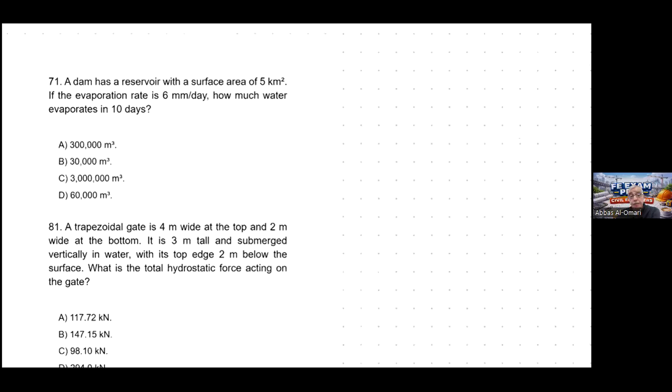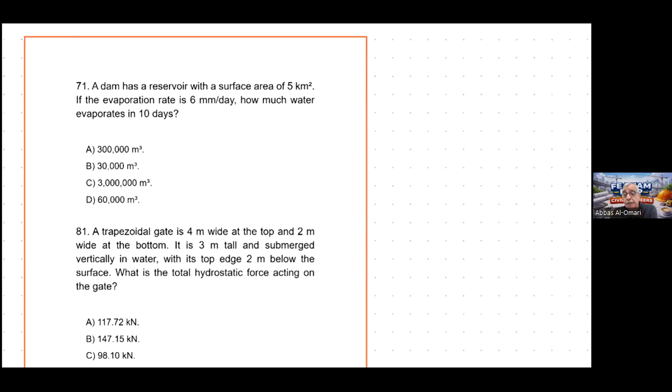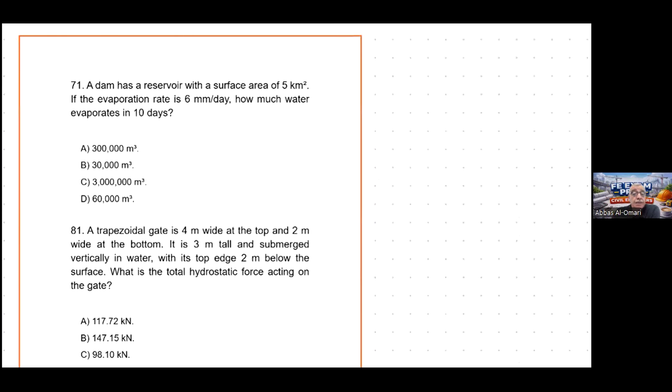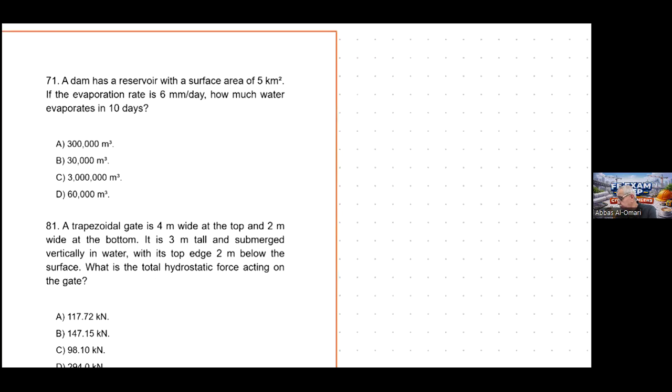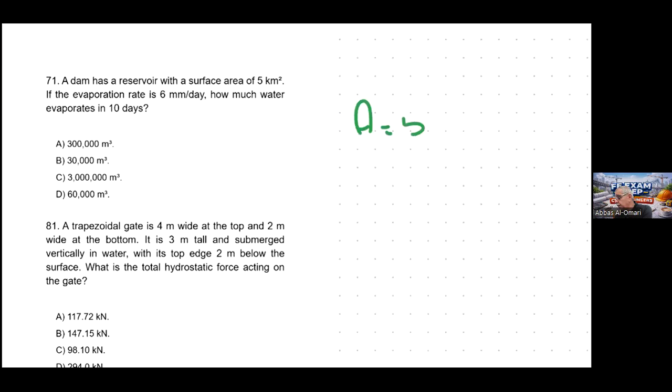So the first problem is about evaporation, determining the volume from the reservoir of a dam. We know the area of the reservoir is 5 kilometers square. So area equals 5 kilometers square.